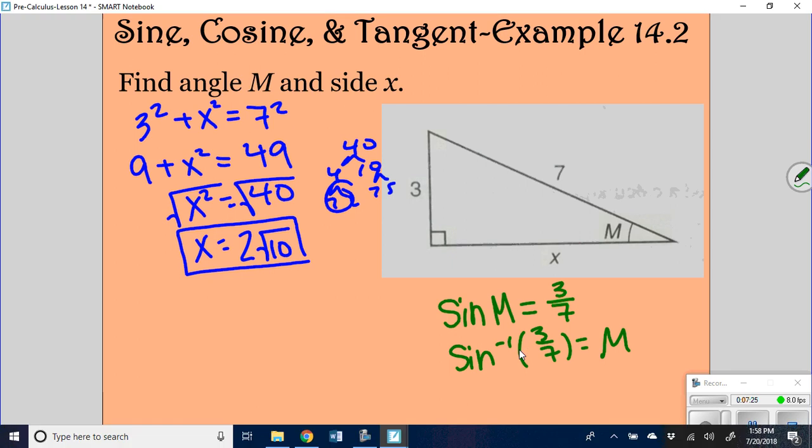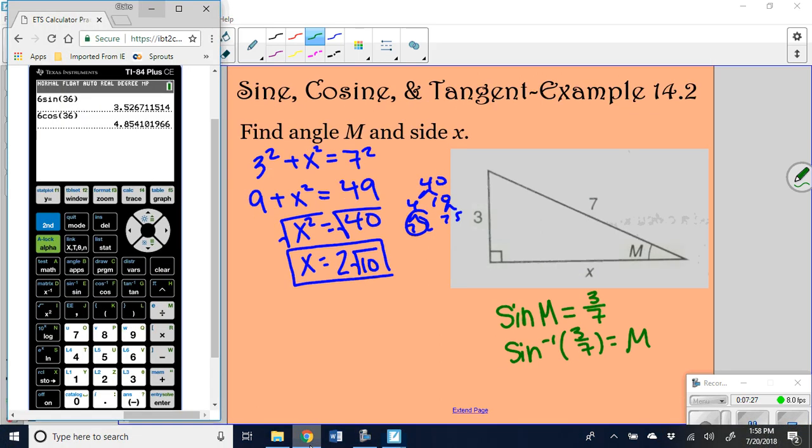So the way that you plug this into your calculator, if you look at the sine button, very close to it should be sine inverse, and it's sine to the -1. So if you're not using a graphing calculator, you should see sine inverse somewhere near where you are to find sine. So on this one, we're going to hit the blue button, the second, and then sine, because the sine inverse is in blue.